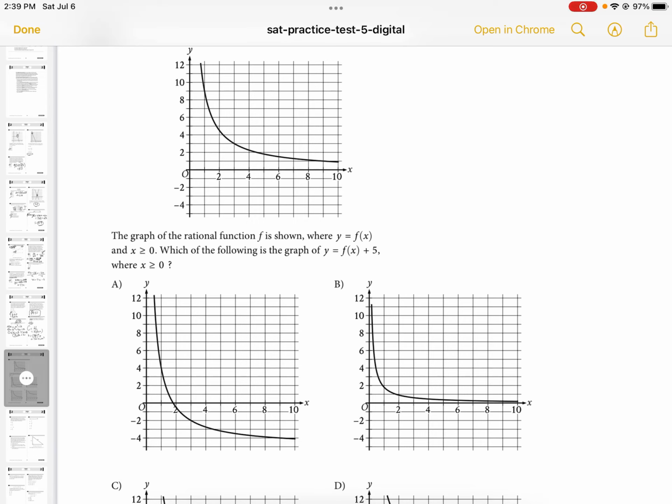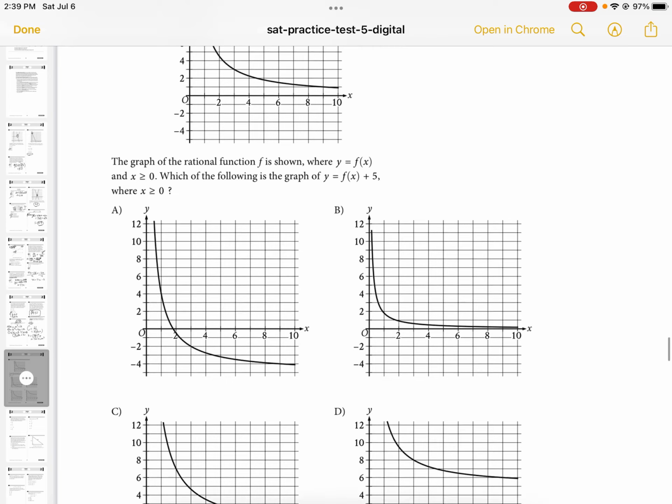Alright, the graph of the rational function f is shown where y equals f of x, and x is greater than or equal to 0. Which of the following is the graph of y equals f of x plus 5?